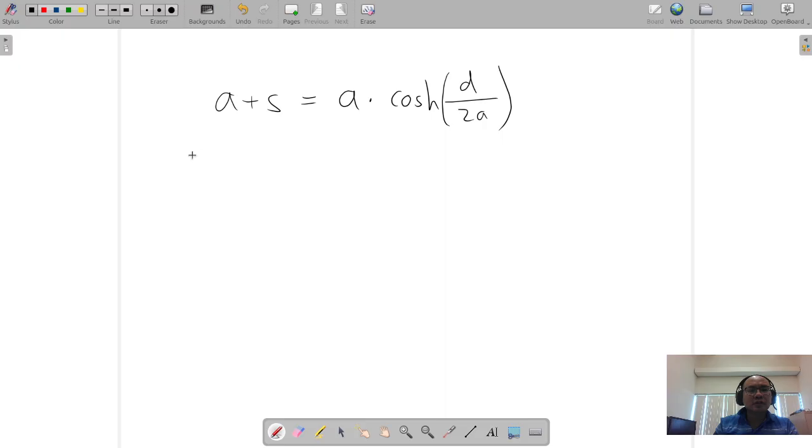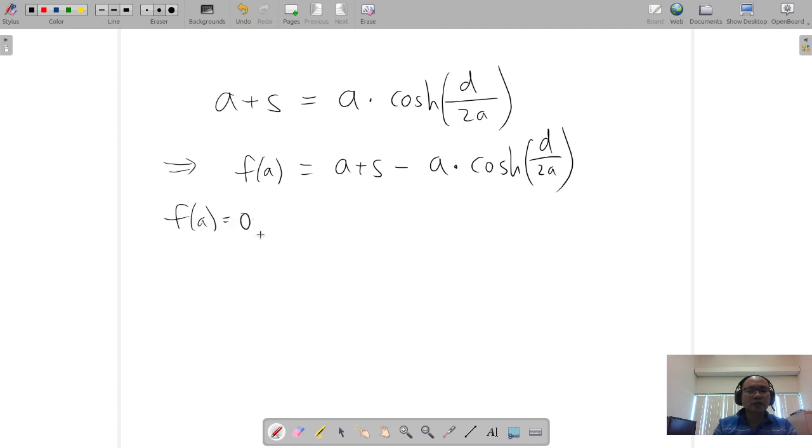You can instead transform it into a difference of the two sides like this, and you're solving f of a equal to 0. This is exactly the same thing. And the problem, of course, is how do you solve this thing, especially with this sort of funny situation.